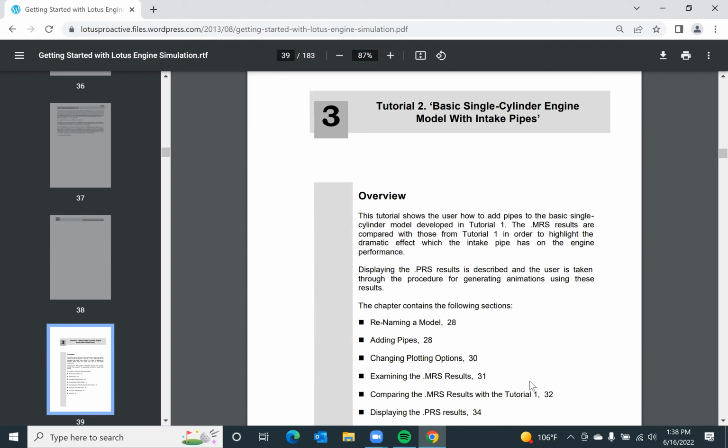They are very useful and you will learn a lot more than what you have seen reading the book by running the simulations and doing these tutorials, because this is how the practical engine design is done.